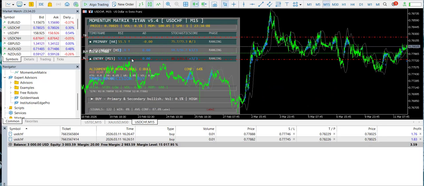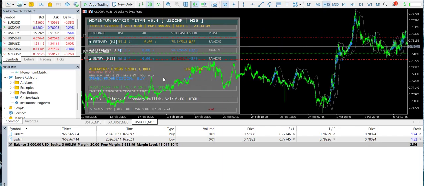But if two of these time frames, like the 15-minute and 1 hour, are pointing up and they are in blue, but this one is pointing up but not in blue, that means it has not yet been confirmed. And if this arrow is pointing to your right hand side, it means the market is undecided. That is what it means. And if you look here, it is even in orange, which means not ready yet.